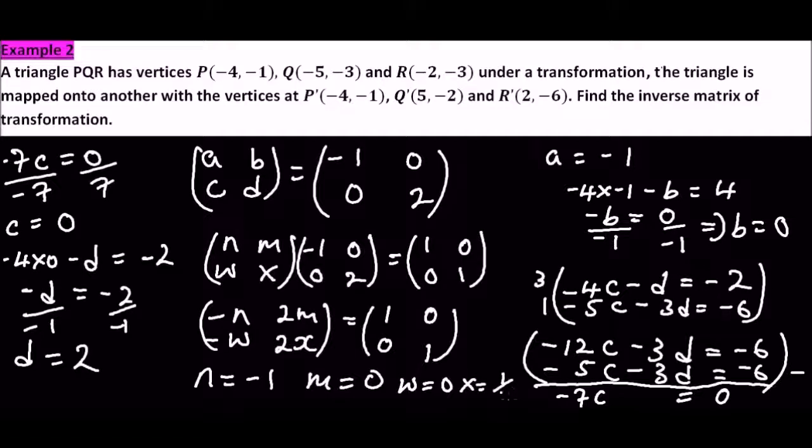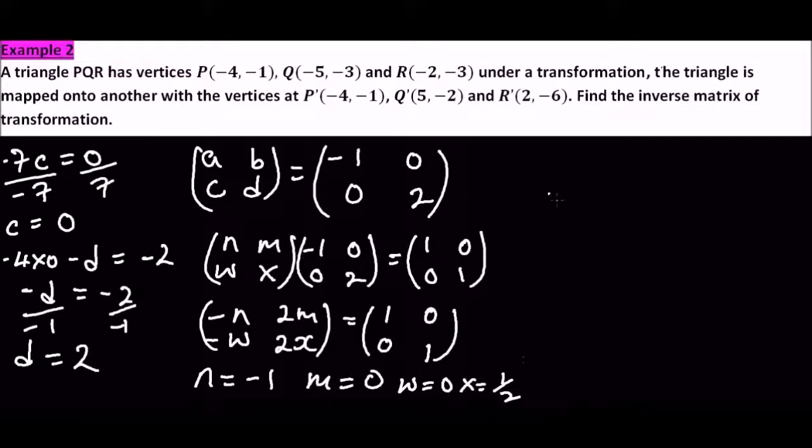This implies that our transformation matrix is, because we had defined our inverse matrix as n, m, w, x, and we have found the values of m, n, w, x.